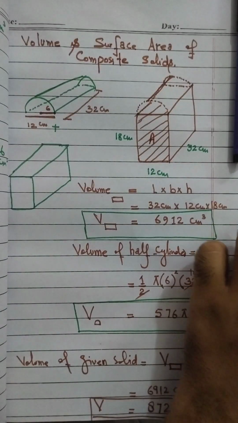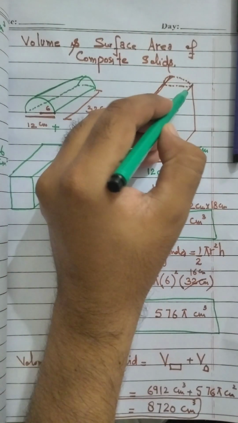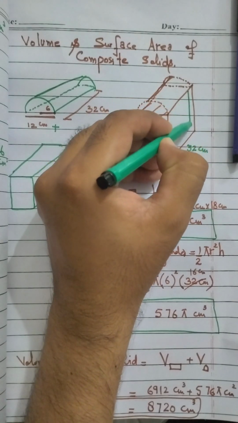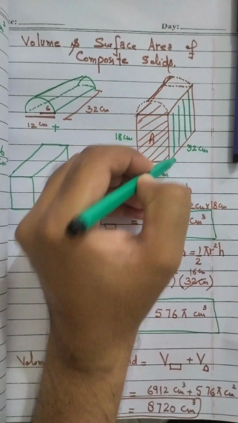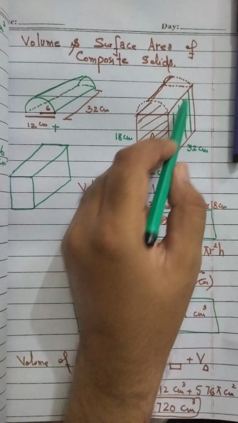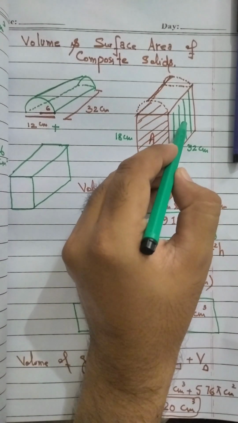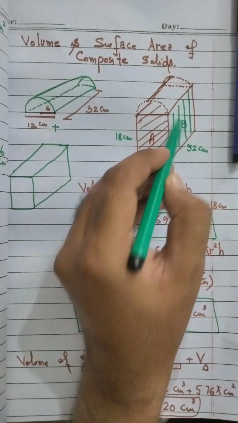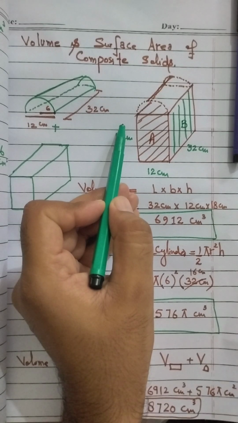Okay, when we talk about the other thing, this will be another rectangular region, and it is only rectangular. It doesn't contain any cylindrical or curved part. If we consider this as B, then obviously there is another B on this side of the solid.